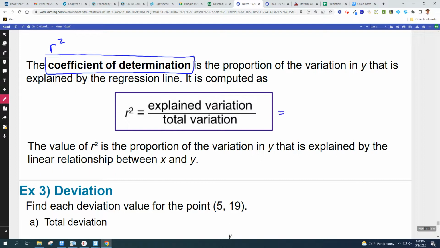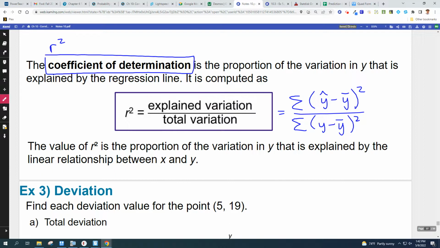So explained variation is the sum of the explained deviation squared, and on the bottom, the total variation is the sum of the total deviation squared.